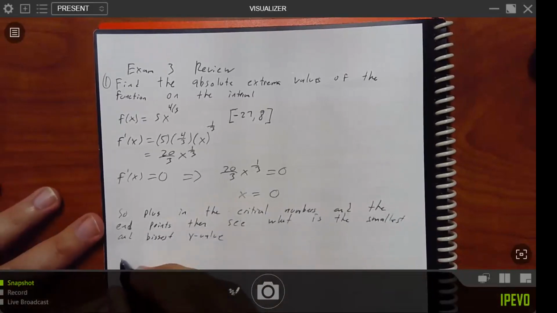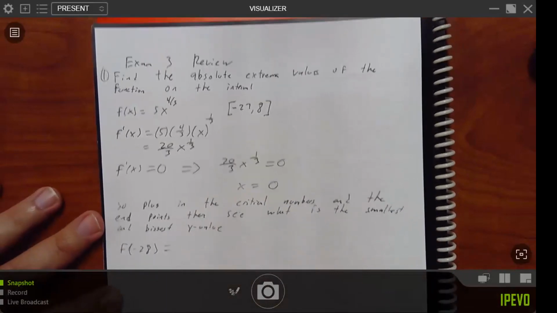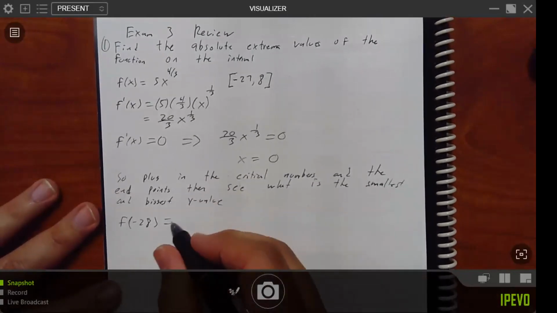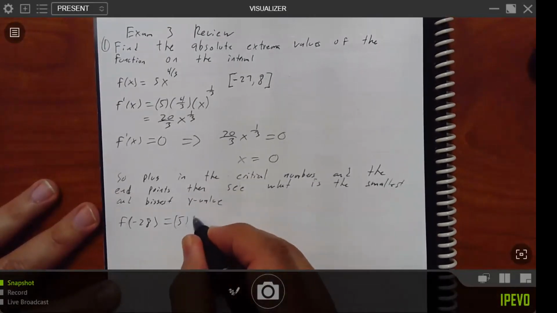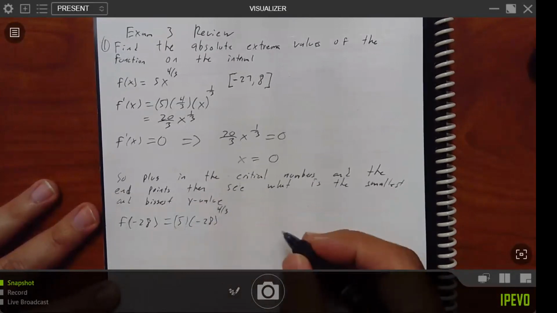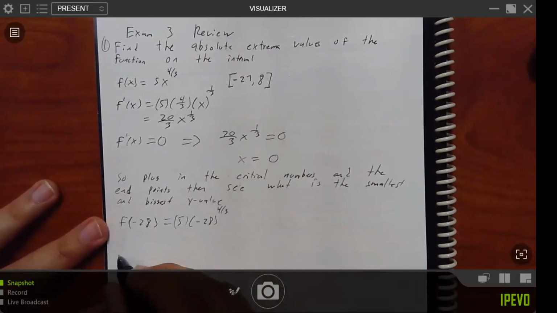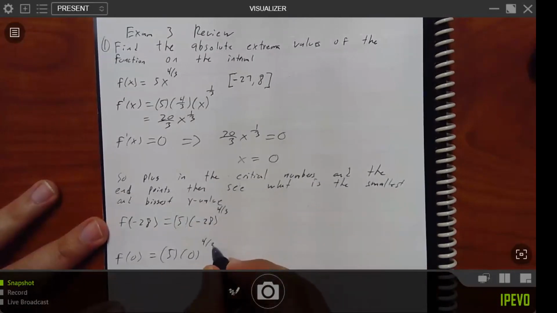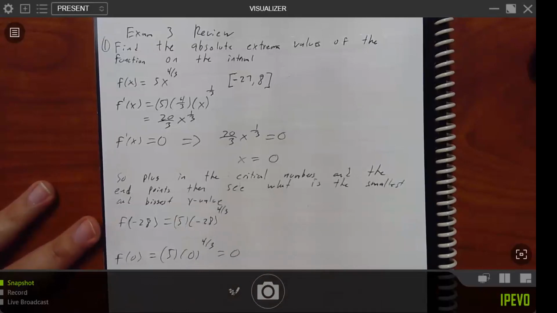Okay, so basically plug in f of negative 28, see how big that is, or how small that is. So that would be 5 times negative 28 to the 4/3. And then do f of 0, which will be 5 times 0 to the 4/3, which is 0. That one's easy. f of 8 will be 5 times 8 to the 4/3.